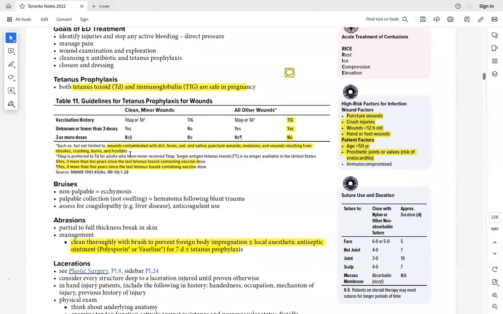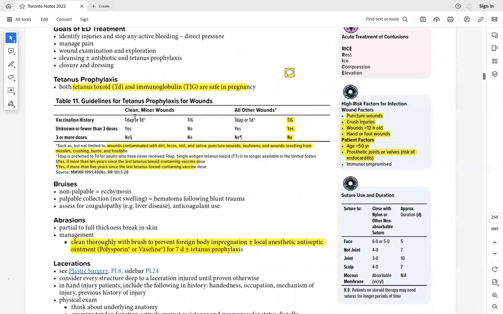A patient working in the garden and cutting himself with some wire, all of these are dirty wounds. So if he has just a clean wound, working in the kitchen or somewhere else, what will we do? Does the patient have any history of tetanus vaccination or not?